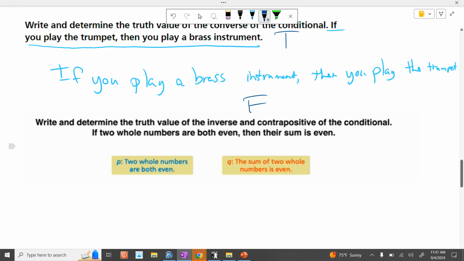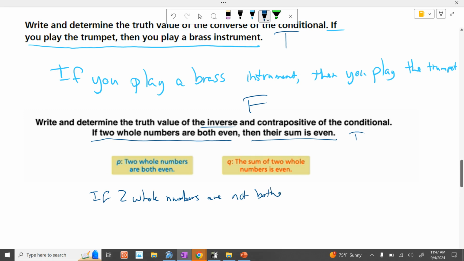Let's work on determining the truth value of the inverse and contrapositive of this. If two whole numbers are even, then their sum is even. That's definitely a true statement. Okay? The inverse of it is, if two whole numbers are not both even, then their sum is not even.